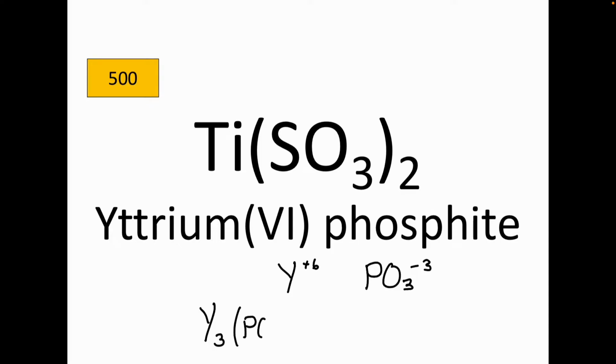So PO3, 6. And then am I done? I got to do one more step because this is an ionic compound. Remember, only with ionic compounds are we going to then reduce our formula. So this will be YPO3, 3. I mean 2.